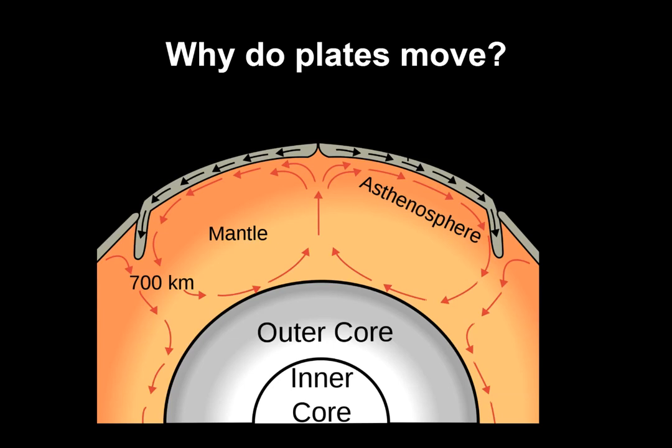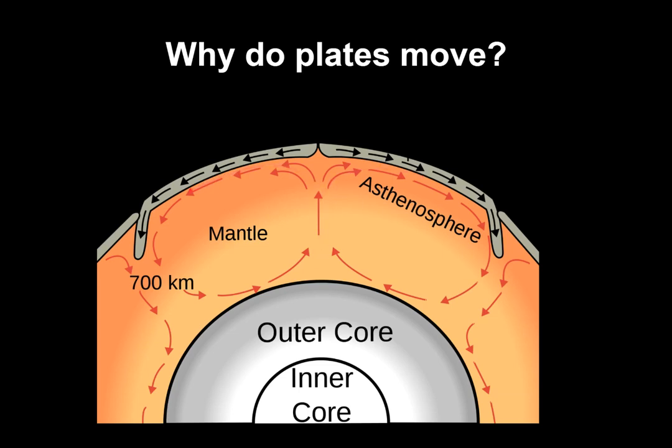Well, the science isn't completely resolved on this question, but it looks like mantle convection currents are at least part of the answer. The core of the Earth is very hot, and it heats the rock in the mantle. As the rock warms, it becomes less dense and it rises. Once at the top, it is displaced by the rising warm rock behind it and pushed to either side.